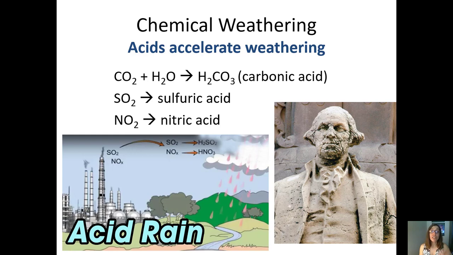And so all of this pollutant material that we put up into the atmosphere, and that also is released by natural processes like volcanic eruptions, contributes to making rainwater and therefore groundwater slightly acidic. And you know that acids are then going to accelerate weathering. Here in particular is a statue that has been weathered by acid rain.